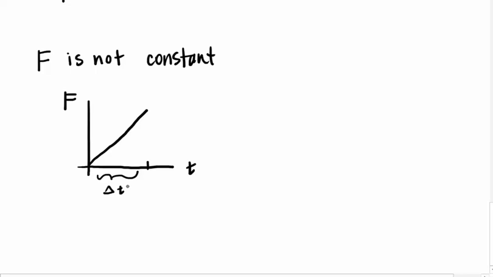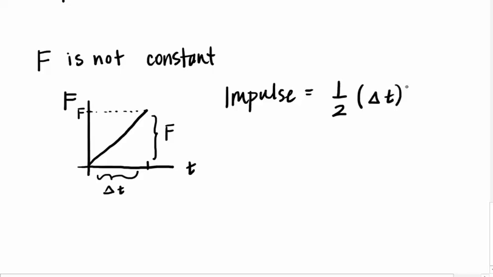So that would be your delta T. This would be the maximum force would be your height there, F. So how would you find the impulse here? It would be 1/2 the base times the height. So still the area. The area under, still the area.